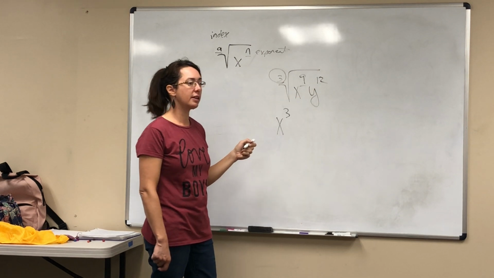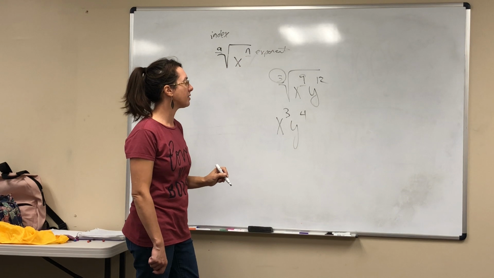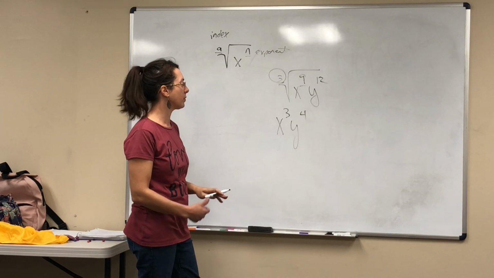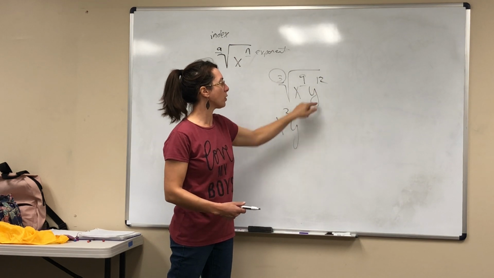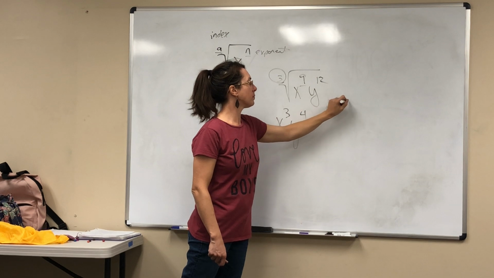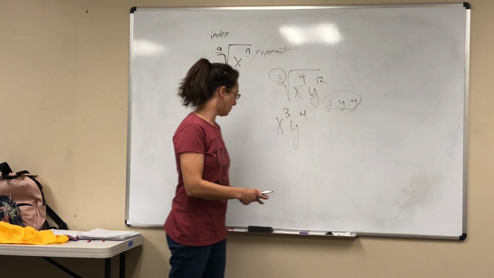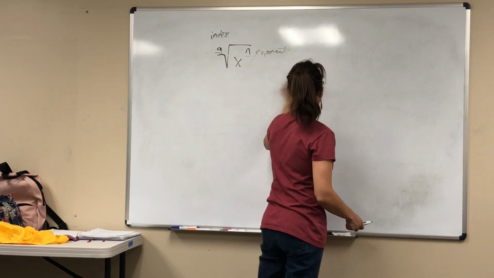How many groups can I get for the y? 4. So that's x cubed, y to the 4th. So we're able to use our division just for shortcuts instead of multiplying them out and finding them. That helps whenever we get into these bigger radical numbers.